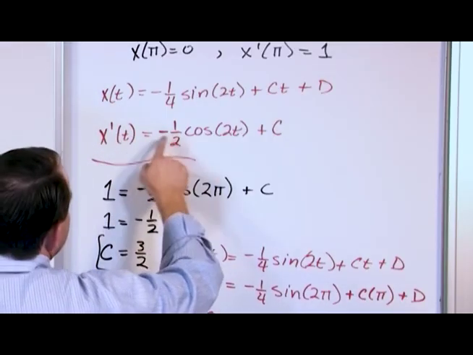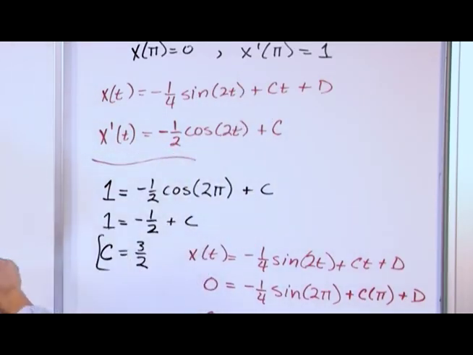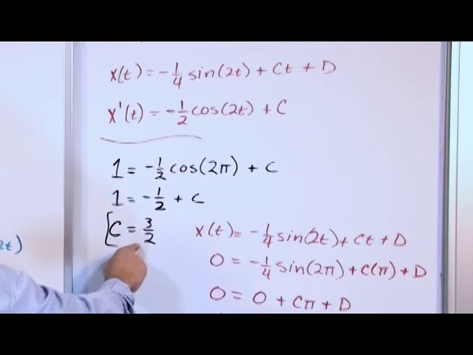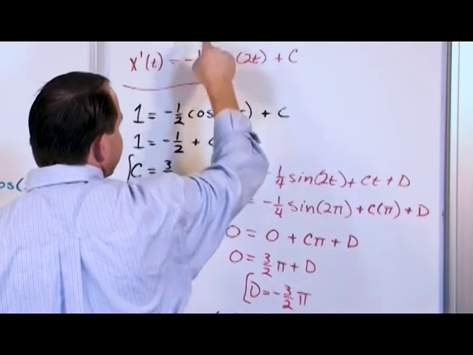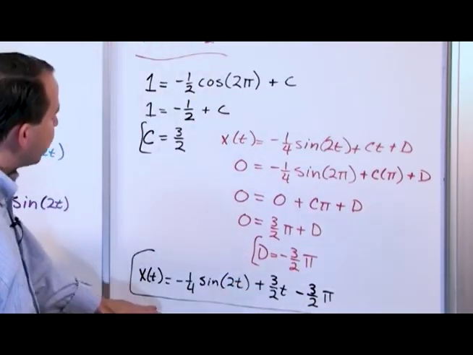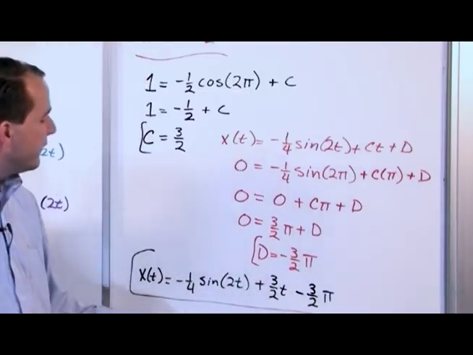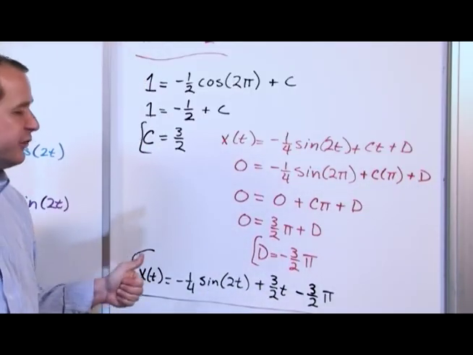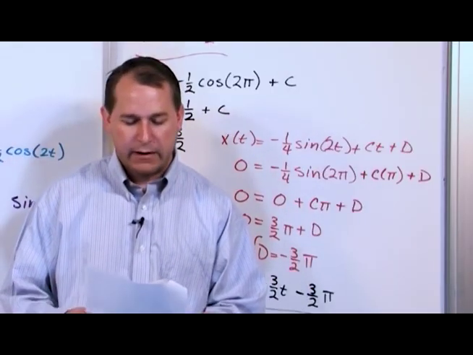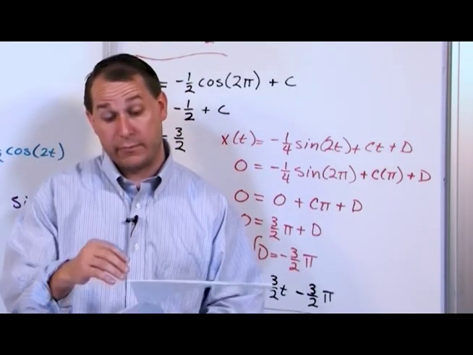We have to take the first derivative in order to apply this initial condition. We do that and we solve for constant c. We use the other equation and plug in this guy to find d, and then we stick those constants back in. Notice that there are no constants anywhere in here. This is one and only one solution, and it corresponds to our initial conditions and the system that we set up. So it's a really good problem.